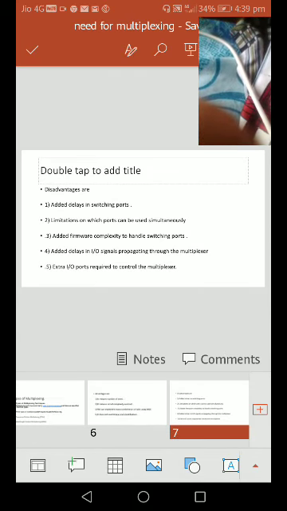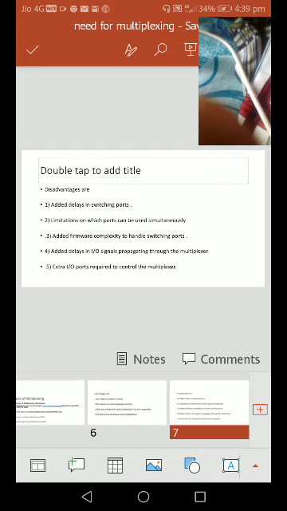Added delays in the switching ports, and limitations on the input ports and output ports and various devices. Input ports, multiplexer, decoder, encoders, all communication systems. We are using various equipment, transmitting equipment and receiving equipment, repeaters.